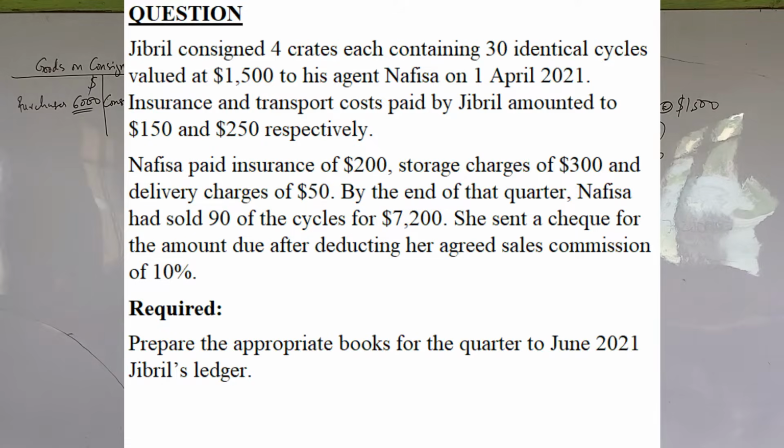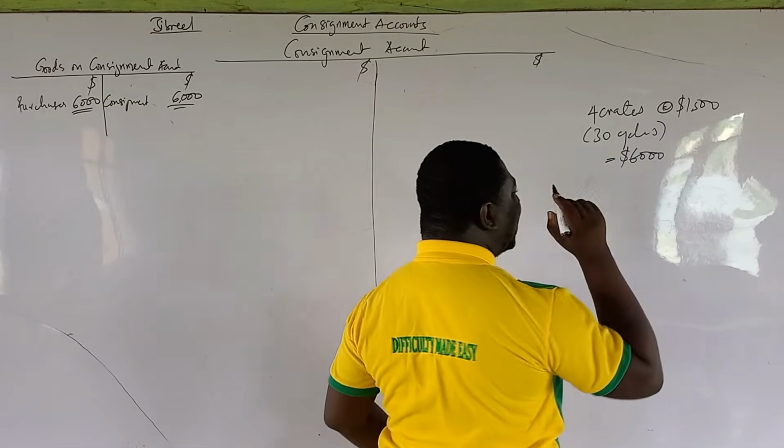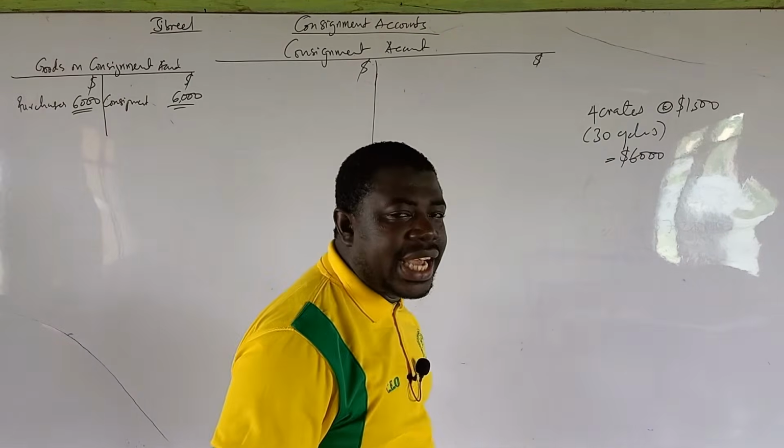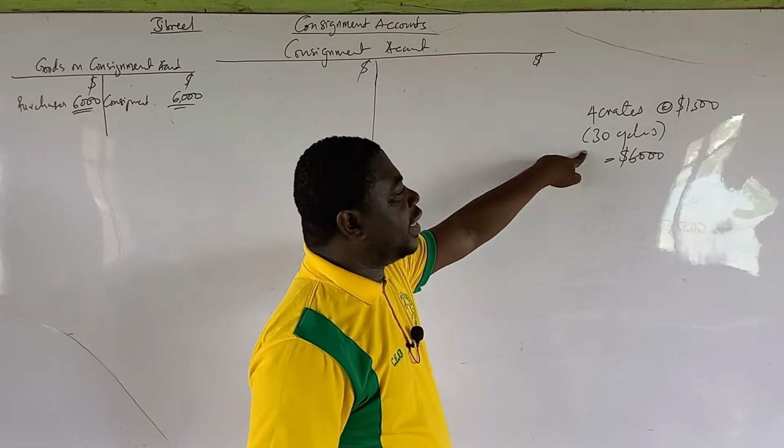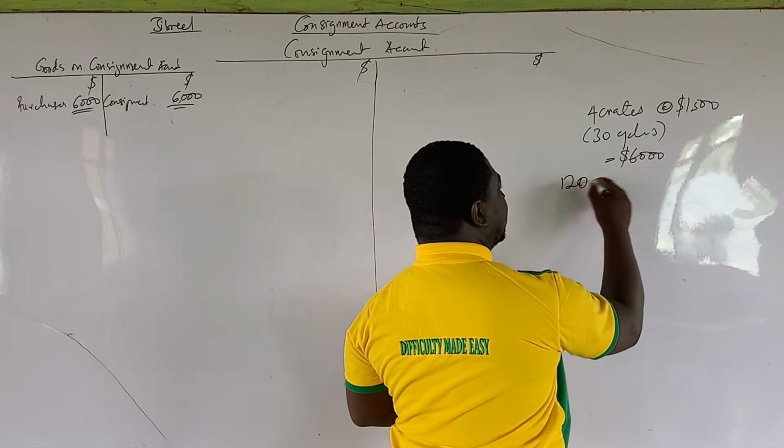So we are told that by the end of the quarter, Nafisa had sold 90 of the cycles for $7,200. Now, please take note. She has sold 90 of the cycles. How many cycles were there? 4 crates by 30. That gives us 120 cycles.